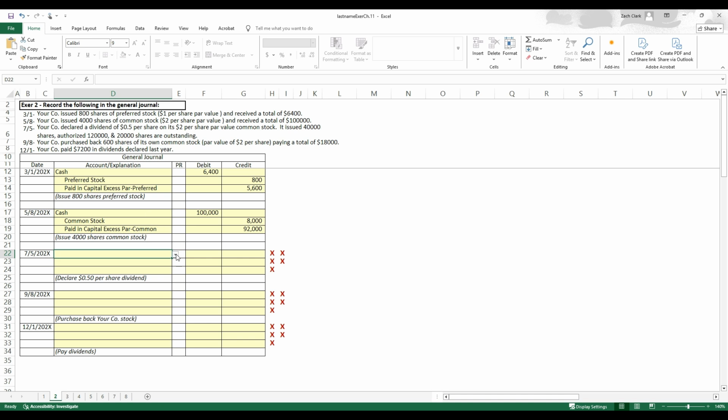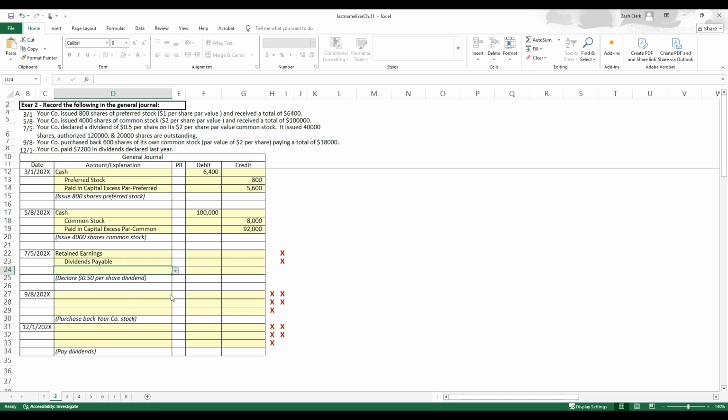So when we are declaring a dividend, we're basically going to be recording the amount payable at that point, similar to what you'd have for any other payable, like accounts payable and so on.